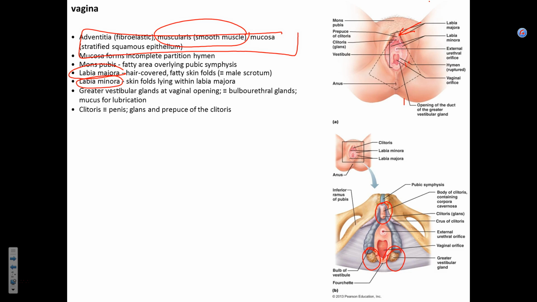So when development goes on that fork, if it's a boy, it's going to be penis. If it's a girl, the same structure will develop into clitoris. And this part is called glans of clitoris, the same way there's glans penis in males. Does that make sense?